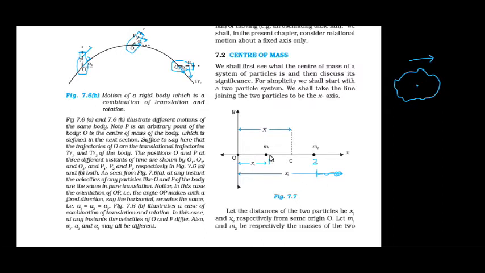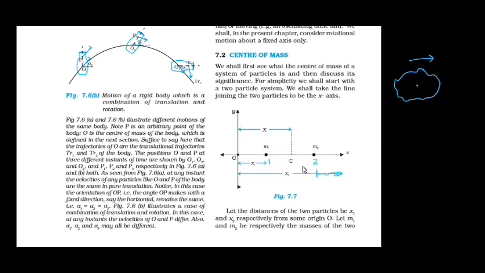So let us consider that X is the center of mass and it passes through a point C on the x-axis. All the 3 points are on the x-axis and we are measuring the distance of all the 3 points from the origin.